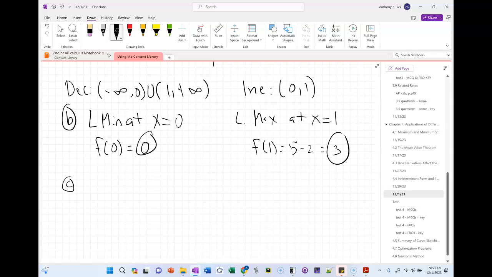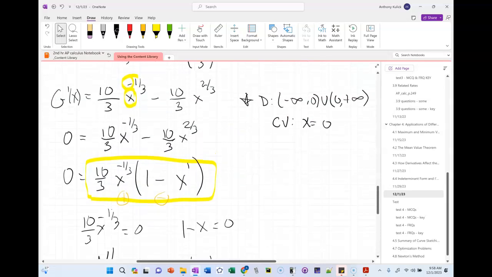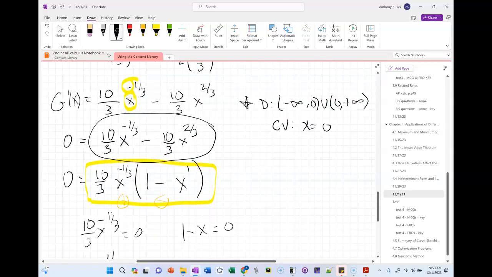Part C then says find the intervals of concavity and the inflection points. What do we need to use to do that? Second derivative. So I'm just going to differentiate this thing.